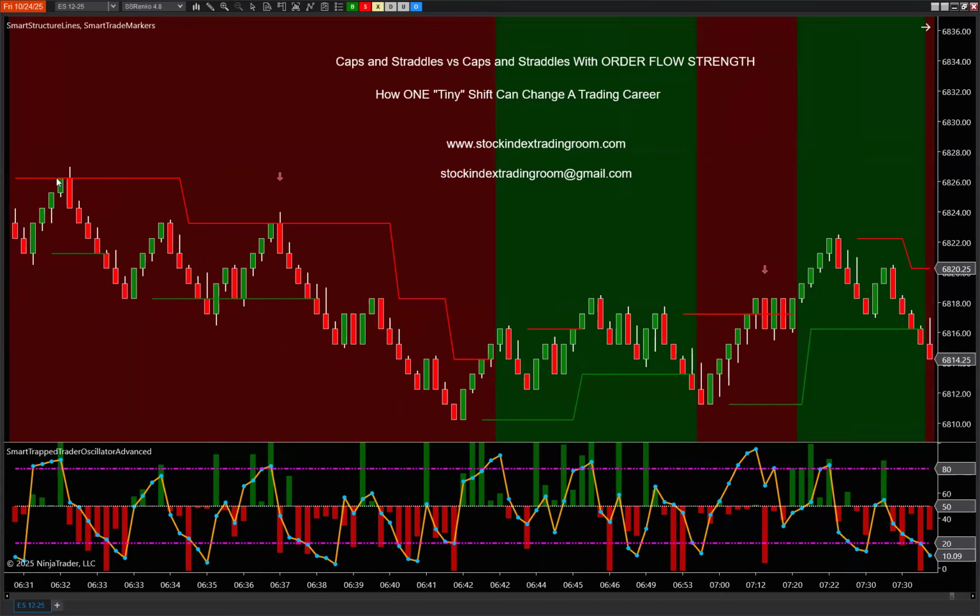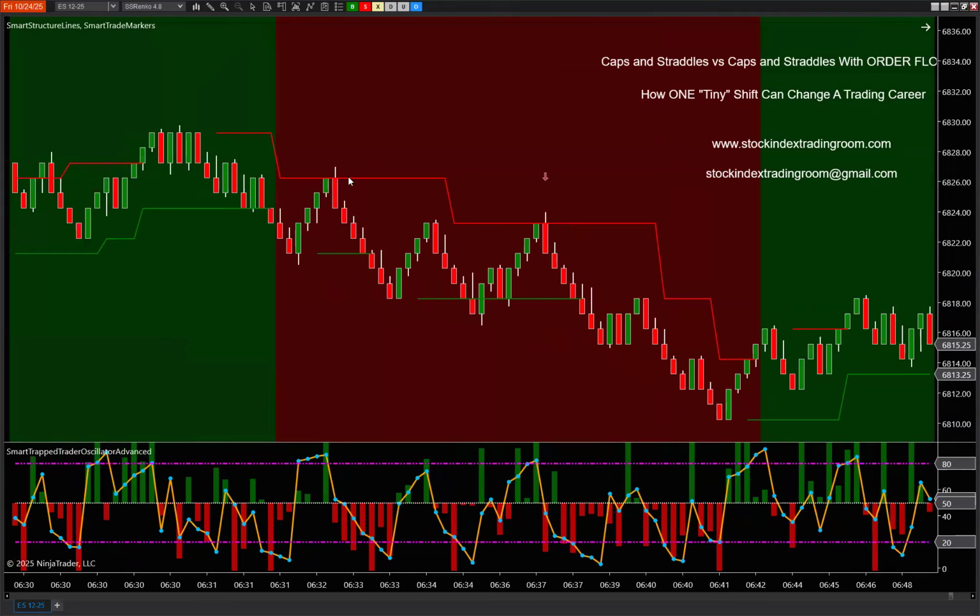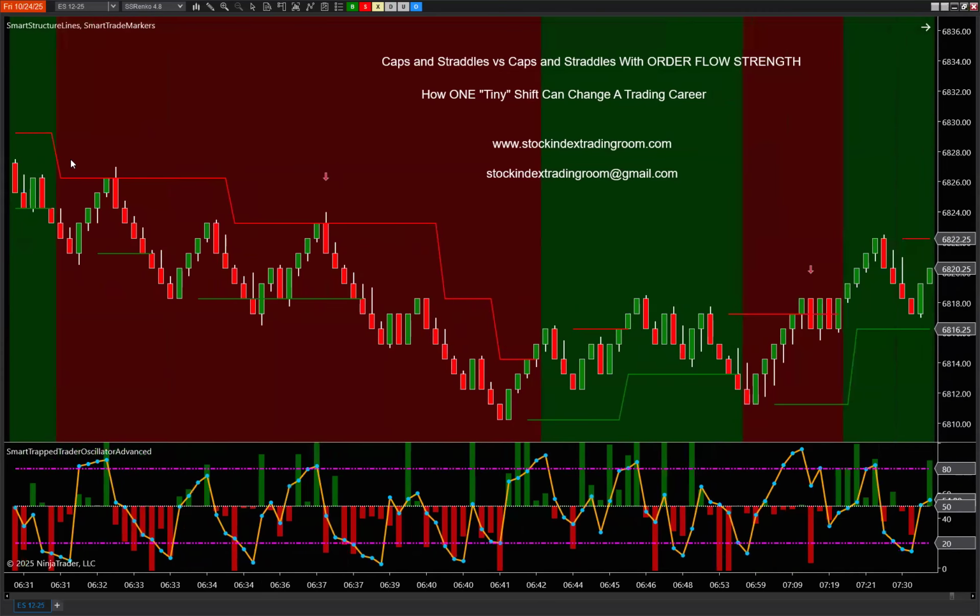This red background, red smart structure reference line is identifying support and resistance throughout the trading day based on structure, just basic structure, which still works amazingly well.